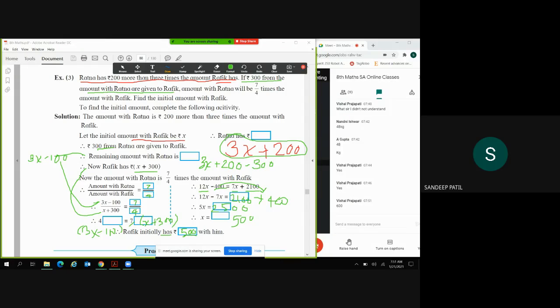I think someone has posted 600. So please check that this 500, we have to put 500 as x into this equation, right? So it will not be 600.